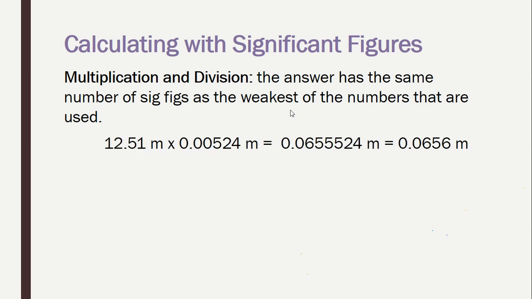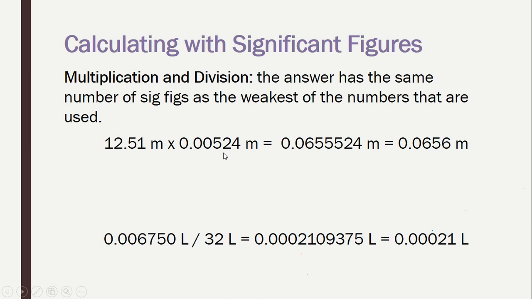So for example, here we have 12.51 meters and we're multiplying it by 0.00524. Now this was measured to 4 significant digits and this was measured to 3 significant digits. So when you get a calculator answer, you're going to get something in this case with 1, 2, 3, 4, 5, 6 significant digits.